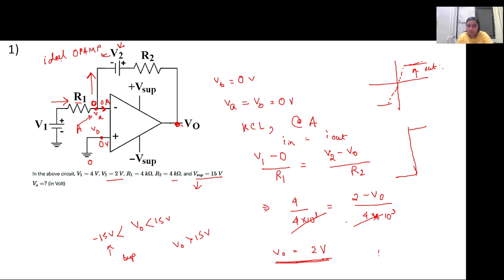Suppose we had gotten 16 volt, then the answer would have been 15 volt, because the saturation takes place at the supply voltage, plus or minus. So if we had gotten V0 equal to 16 volt, our answer would have been the supply voltage, that is 15 volt. If V0 would have been minus 16 volt, then we would have written the answer as minus 15 volt, which is the supply voltage. Is this clear?